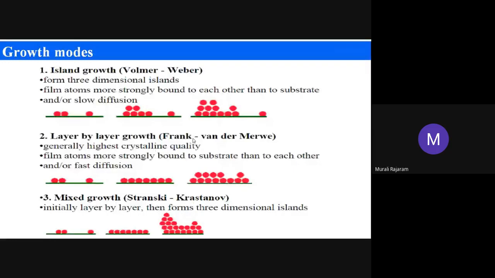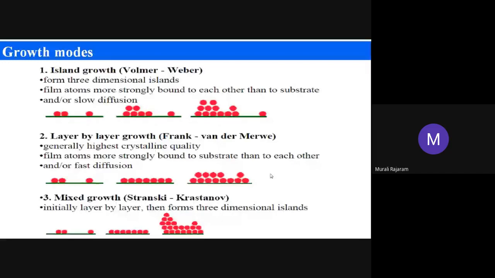One is called island growth, where the atoms grow as islands if the material is not wetting properly and only partially wets the substrate, which is also called Volmer-Weber growth. Another is layer by layer growth, which gives very good flat thin film growth. If your material wets your substrate properly, it will grow layer by layer.